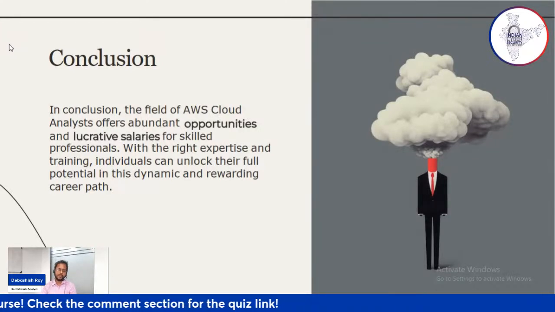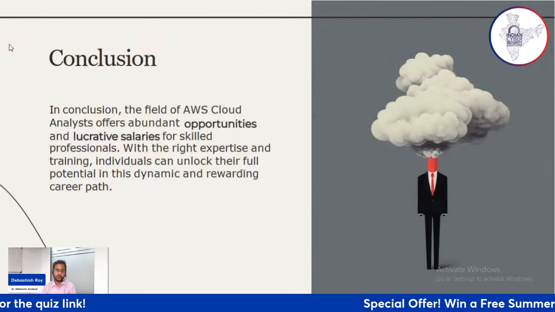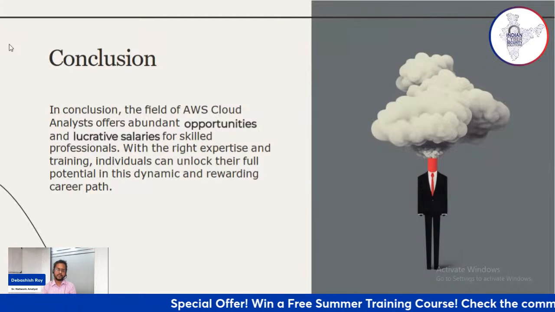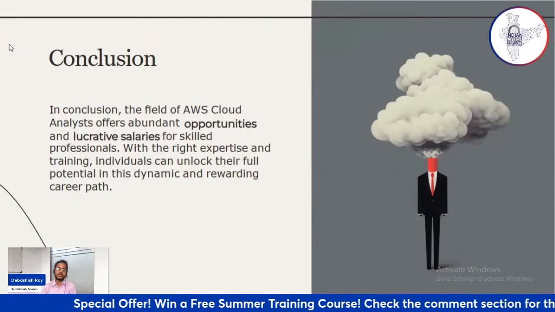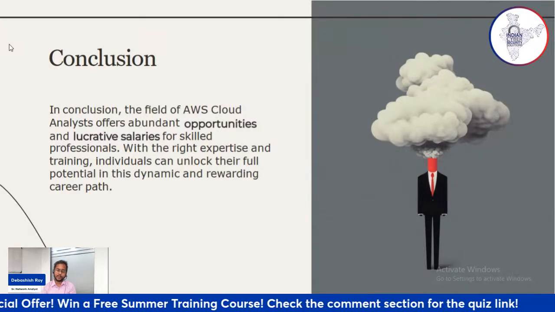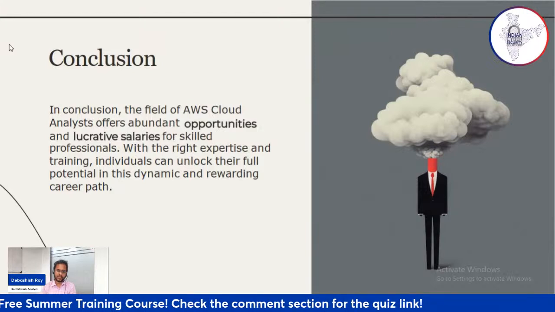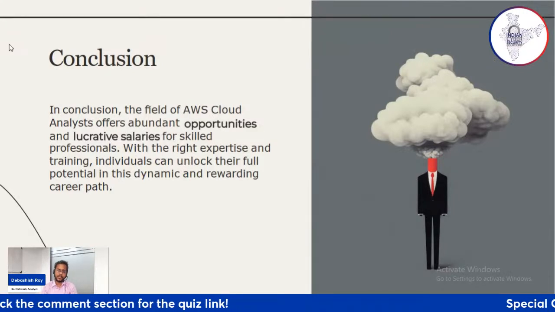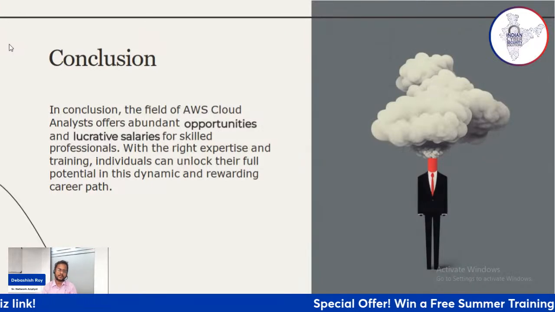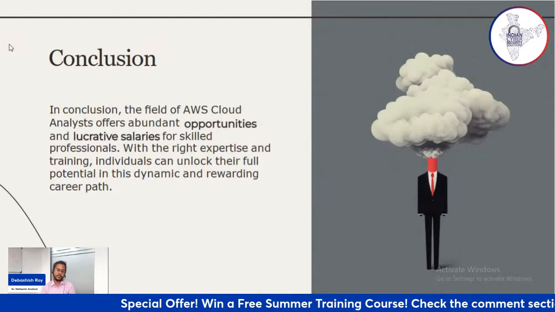So with that note, we can conclude that this AWS Certified Solution Architect, associate, professional, and the other paths like the specialization paths are definitely good for your career growth, and it is the best one to invest in. These were the things that I wanted to tell you today about the certification paths, and I also showed you how to master it by making a simple AWS console, where you can practice all these things.